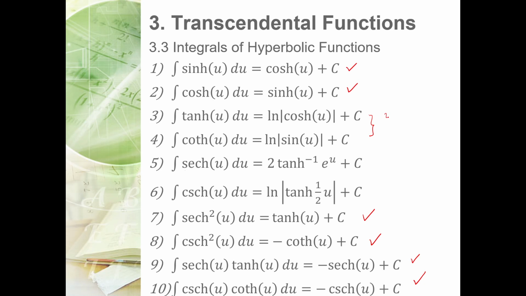So you're going to use u sub here because your tangent and cotangent hyperbolic functions could be broken down into their components. So it could be hyperbolic sine all over hyperbolic cosine, then the other one is cosine over sine. Okay, so notice that the answers of your tangent and cotangent functions are in ln.